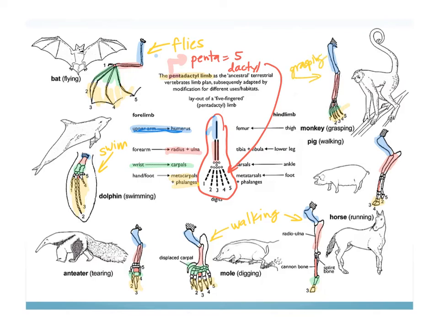But even though they have different functions, they all have a similar pattern of structure where they have the humerus, the radius and the ulna, the carpals, and the metacarpals and phalanges. And so that shows that we have sort of evolved from a similar ancestor.